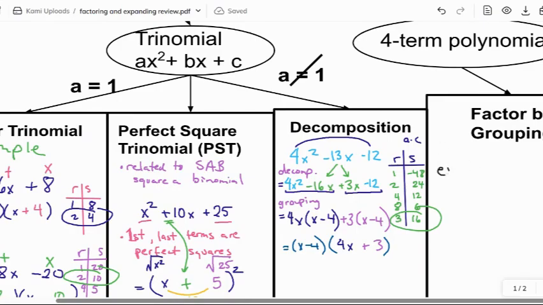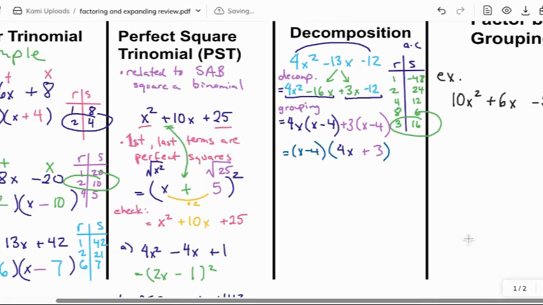So here's an example. I'm going to have 10x squared. Oh, this is a nice one. Okay, go ahead, factor by grouping. Put them in 2 groups.